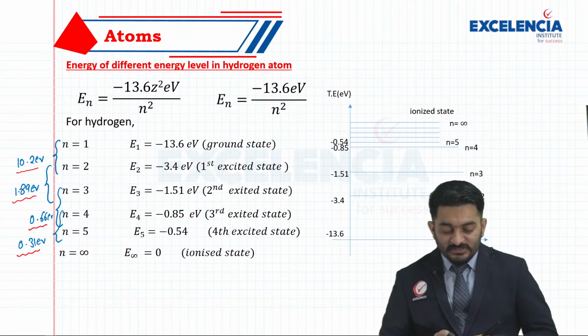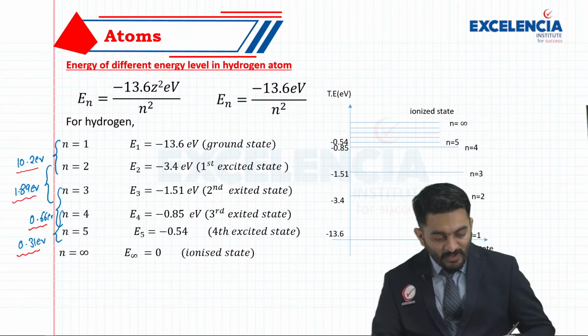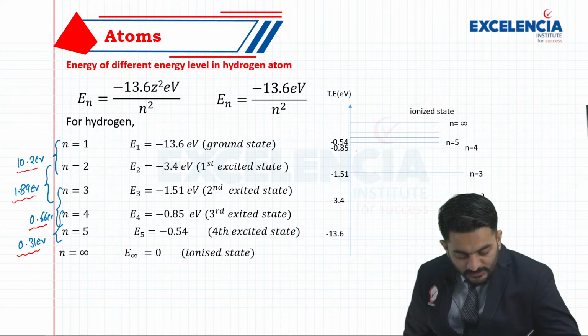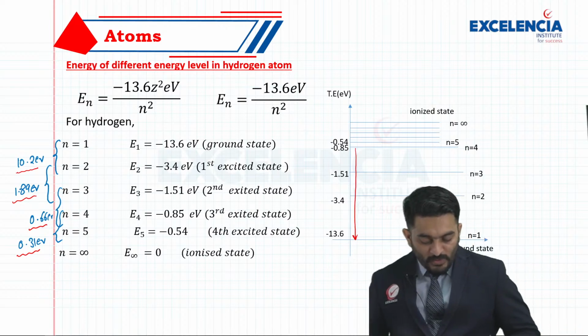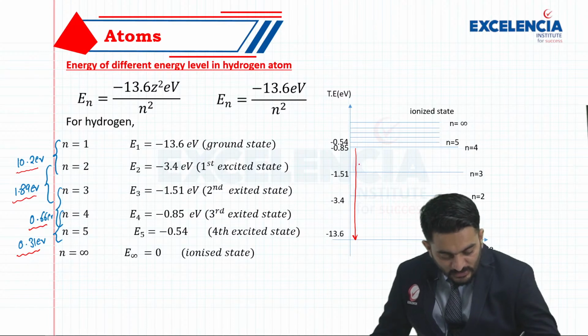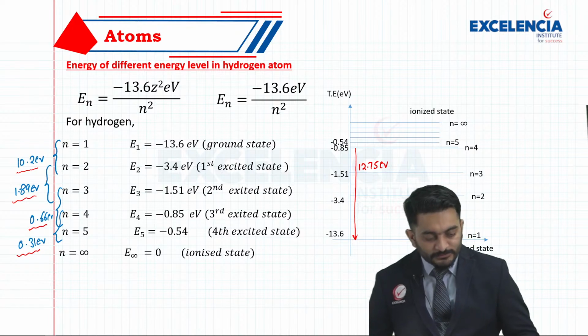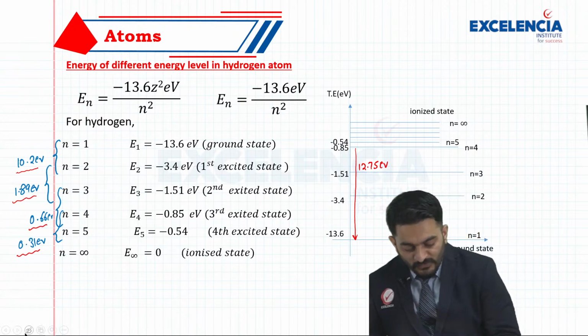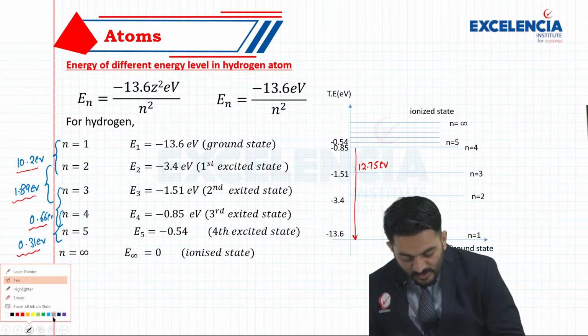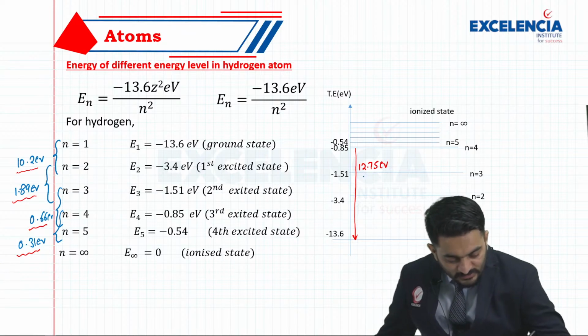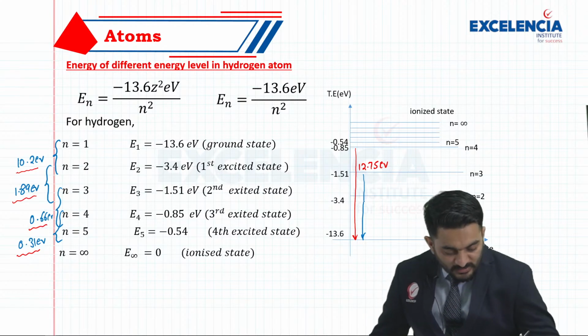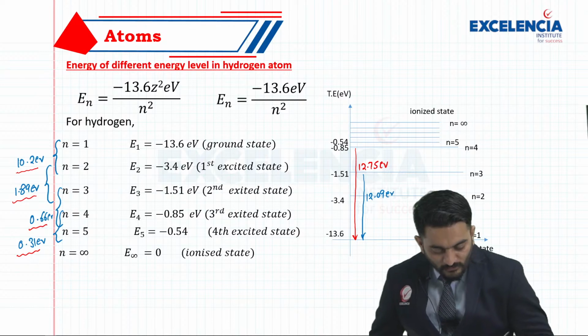There is one more thing I would suggest: you should also remember a few more values. If a transition happens from 4 to 1, the energy difference is going to be 12.75 electron volt. If a transition happens from 3 to 1, you remember it is 12.09 electron volt.